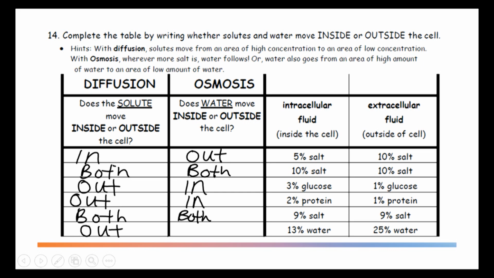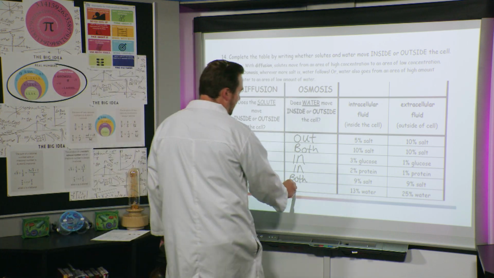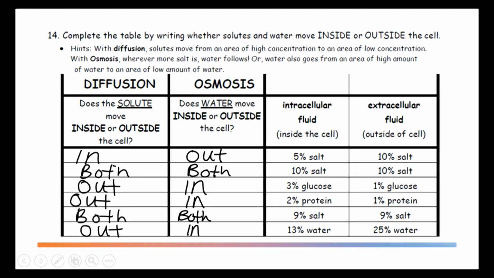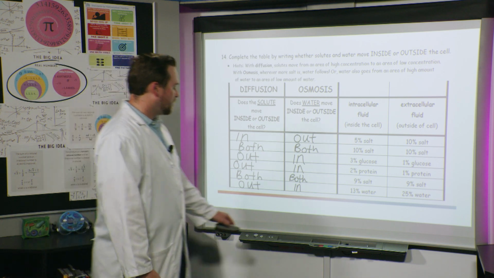This one's a little tricky because it's talking about water. So with the water, we're trying to even them out a little bit. So for this, it's actually going to be moving in because there's less water inside and there's more water on the outside. So this one's actually going to be moving in.